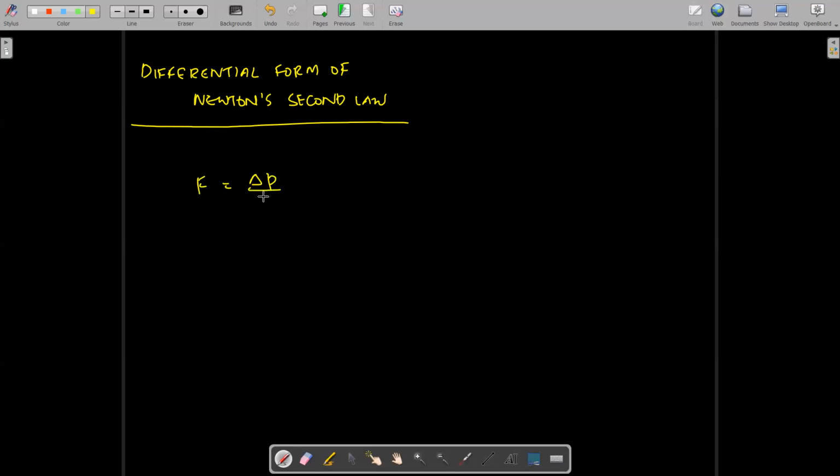F equals delta P by delta T, which again is, if we are to choose the intervals to be very, very small, ഈ ചേഞ്ച് വളരെ കുറച്ചാക്കി എടുക്കുന്നതാണെങ്കിൽ we can write it as dp by dt, right? Which we can further write as d by dt of mv, right? Is equal to m dv by dt plus v dm by dt, right?